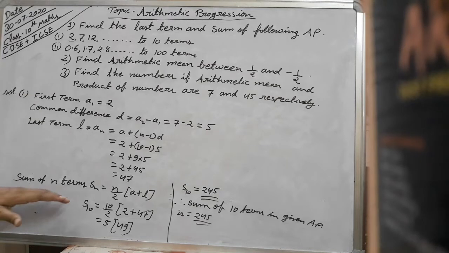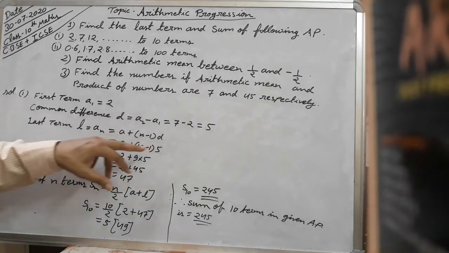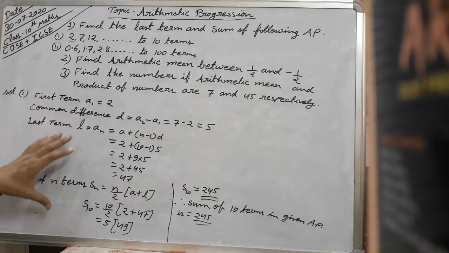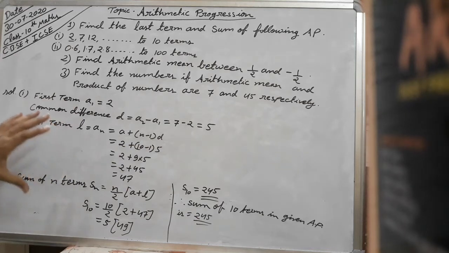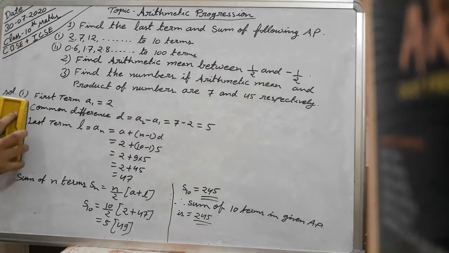You will get detail of how you get sum of n terms and why the formula of last term is L is equal to a plus n minus 1 d, everything related to the formulas, in the earlier classes that I have taken 3 days before. Okay, now first one completed. I think you understood. Now we are going to solve second one.